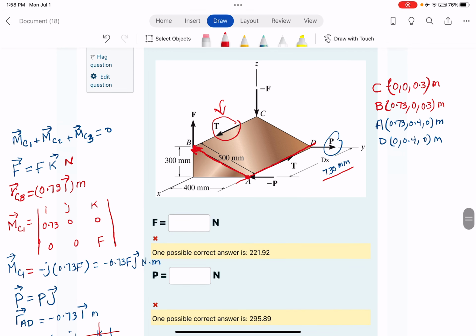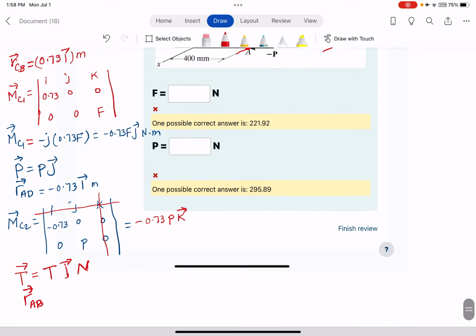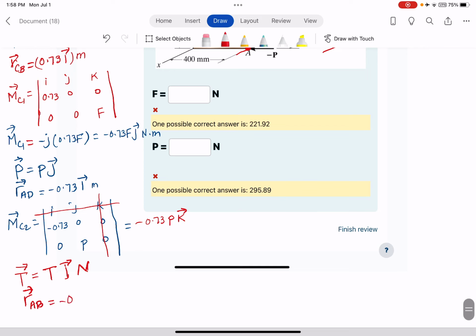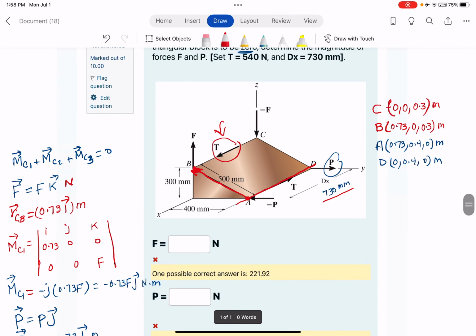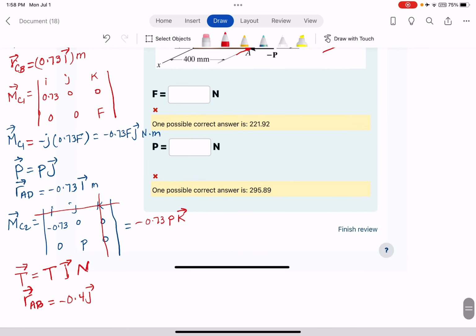So RAB, which means B minus A. B minus A, 0.73 minus 0.73, 0 minus 0.4, and 0.3k. Okay, so now we do the last couple moment.